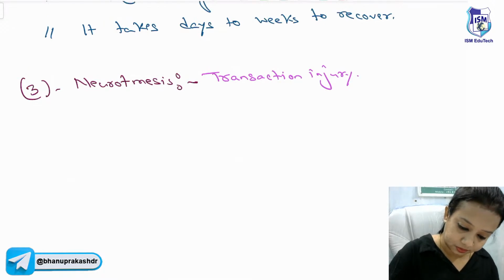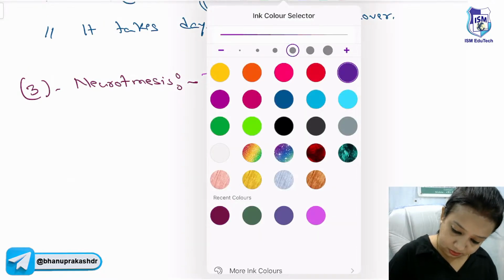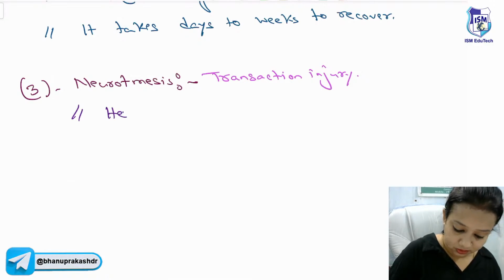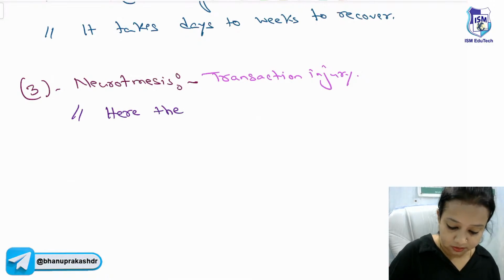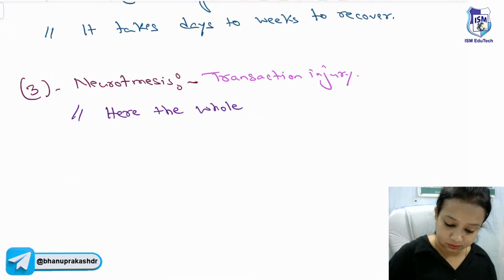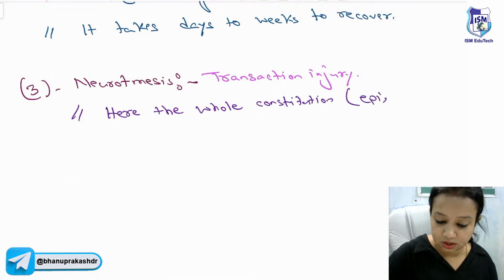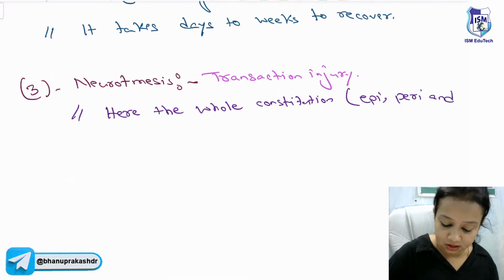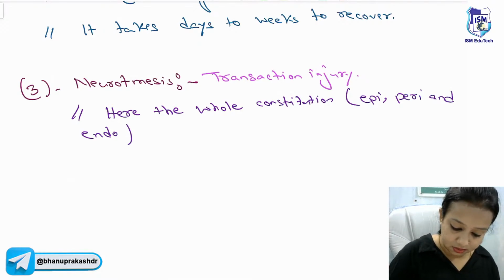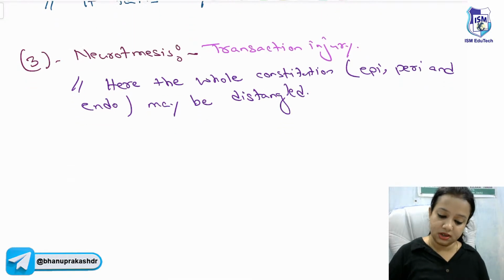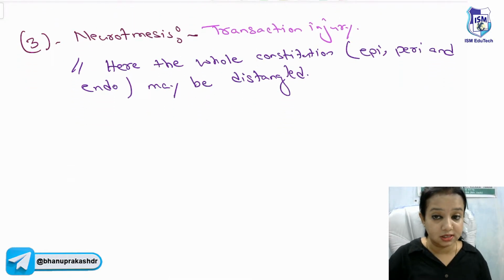So here, the whole constitution, like the epineurium, perineurium, and endoneurium, may be cut. This is a transection injury or total sharp cut injury.